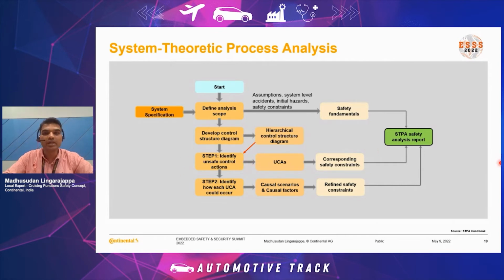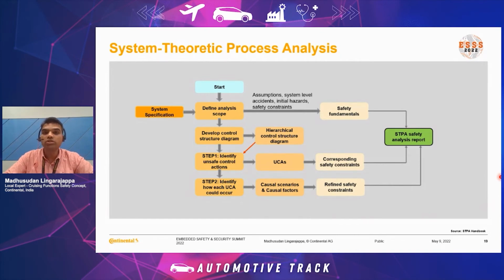In step 1, we have to identify the unsafe control actions using the guide words which are specified in the STPA handbook. Then for all the identified unsafe control actions, we have to come up with the safety constraints. Then we have to link the unsafe control actions to the hazards from our step 0. Then in the final step 2, we have to identify the causal factors, which are different triggering events leading to those unsafe control actions.